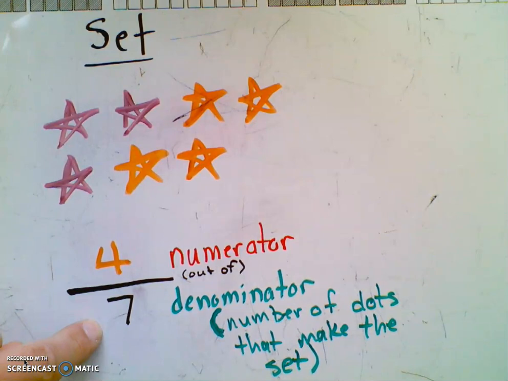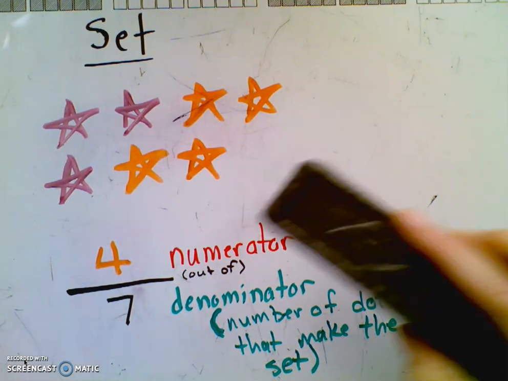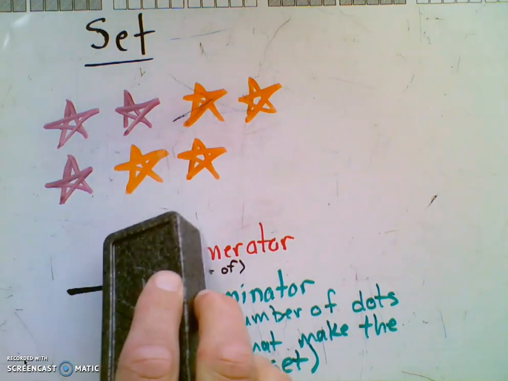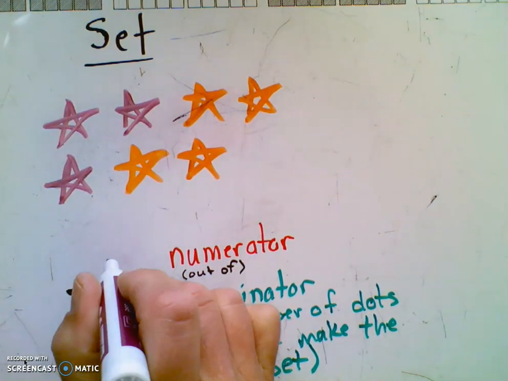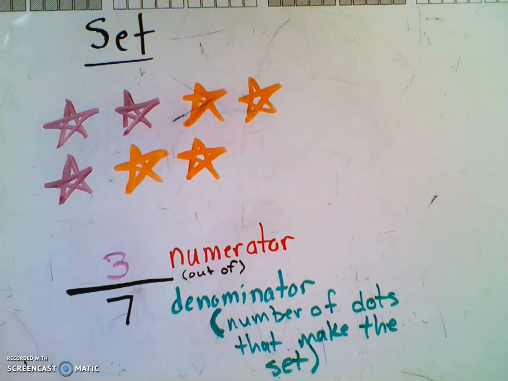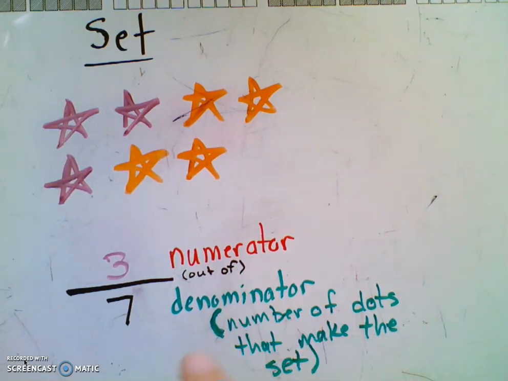Notice we add the THS for the denominator number. Okay? Good. So now, what would you say if I asked, how many of those stars are purple? I hope you just yelled out 3/7. 3 out of 7 are purple.